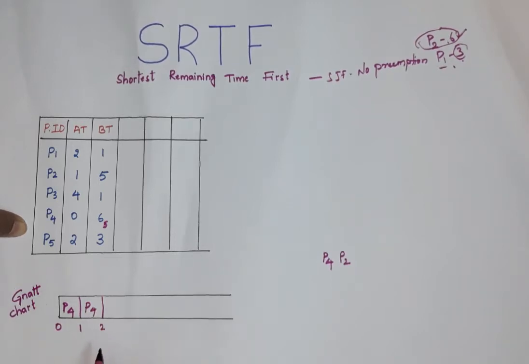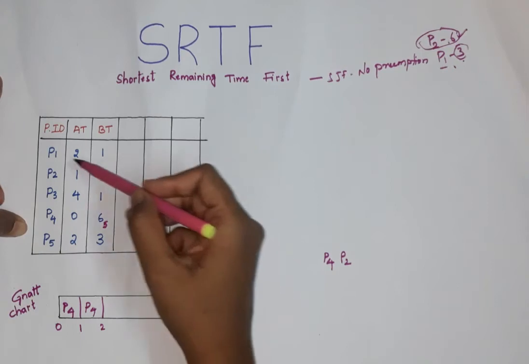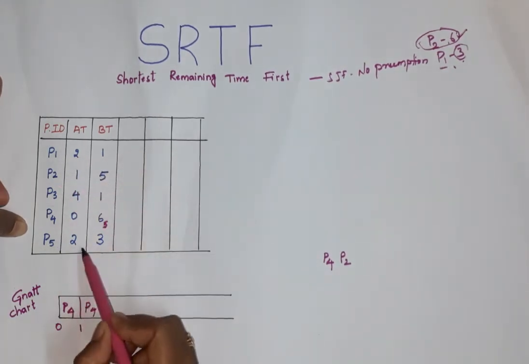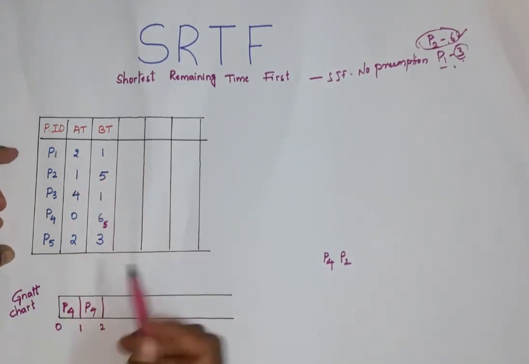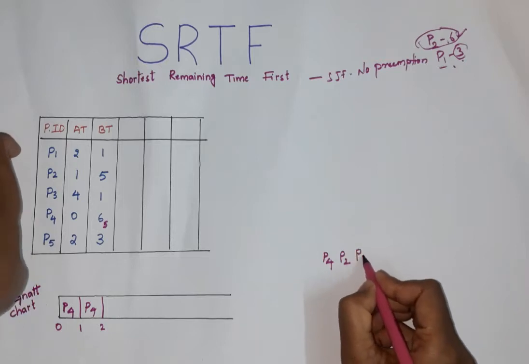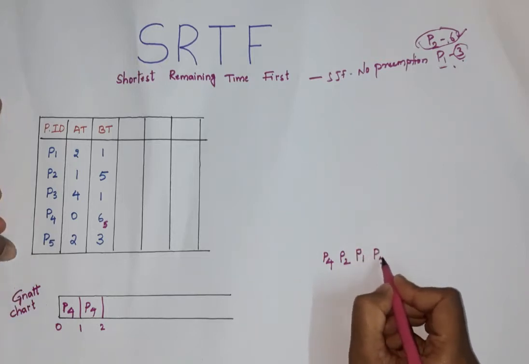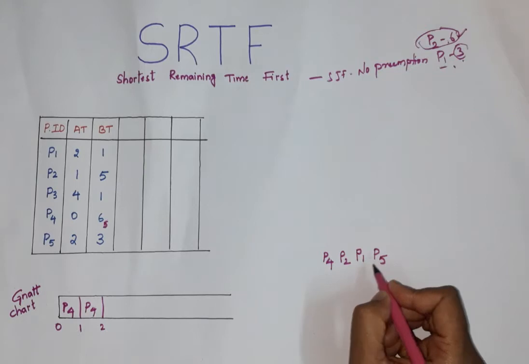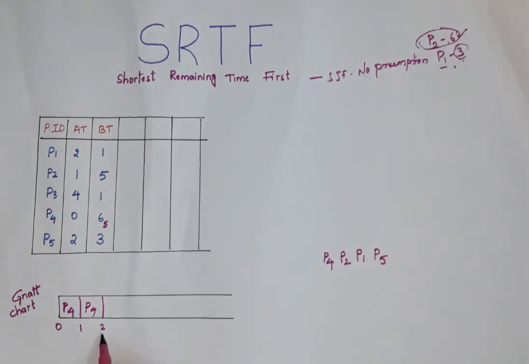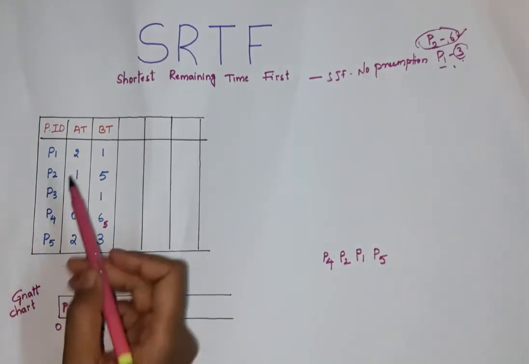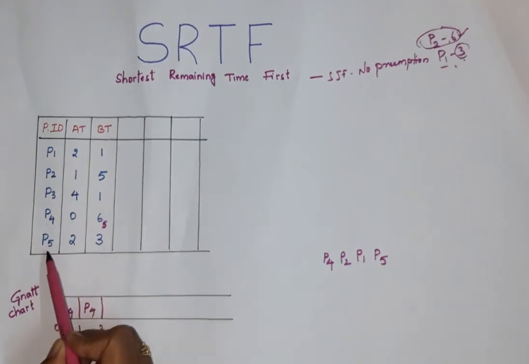Now we have to check again at the second unit of time which process has come. P2 has come and P5 is also there. So in the ready queue, P1 and P5 both are there. At the second unit of time, two processes came in the ready queue, that is P1 and P5.